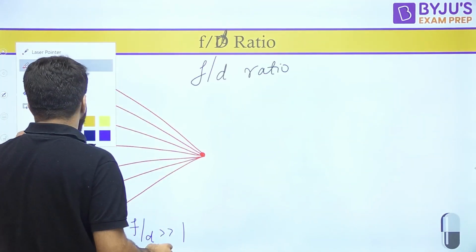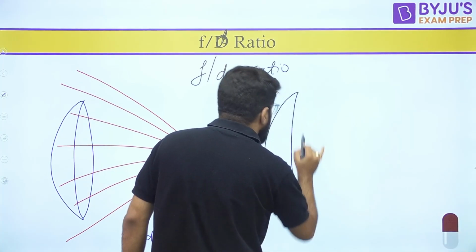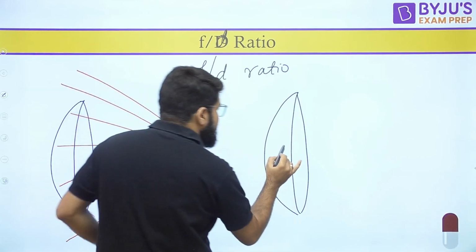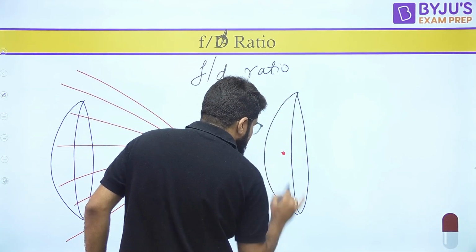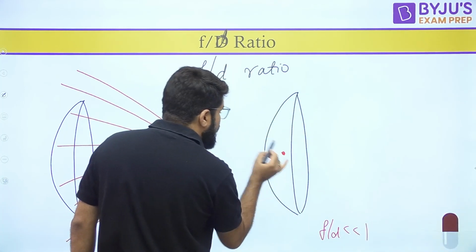On the other hand, if you use a very small F by D ratio, suppose you place your feed somewhere at this point, right? Suppose F by D is a very small quantity, then what is going to happen?